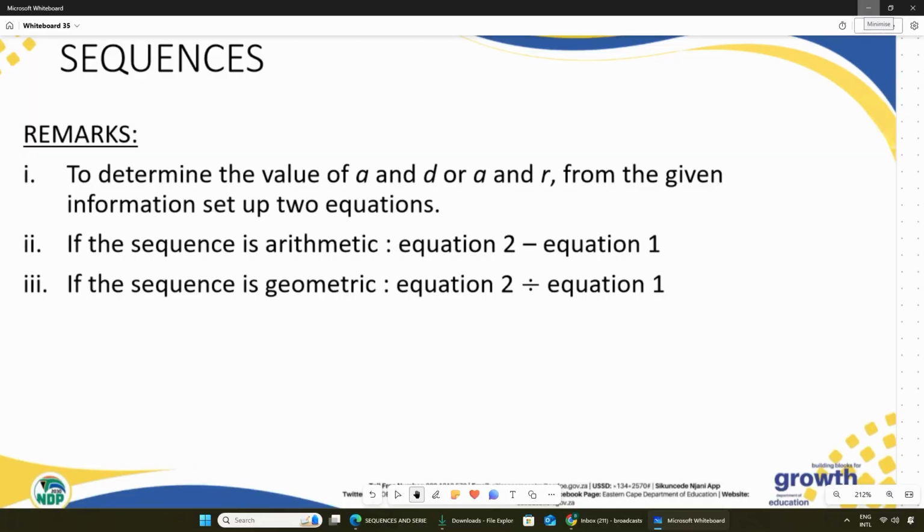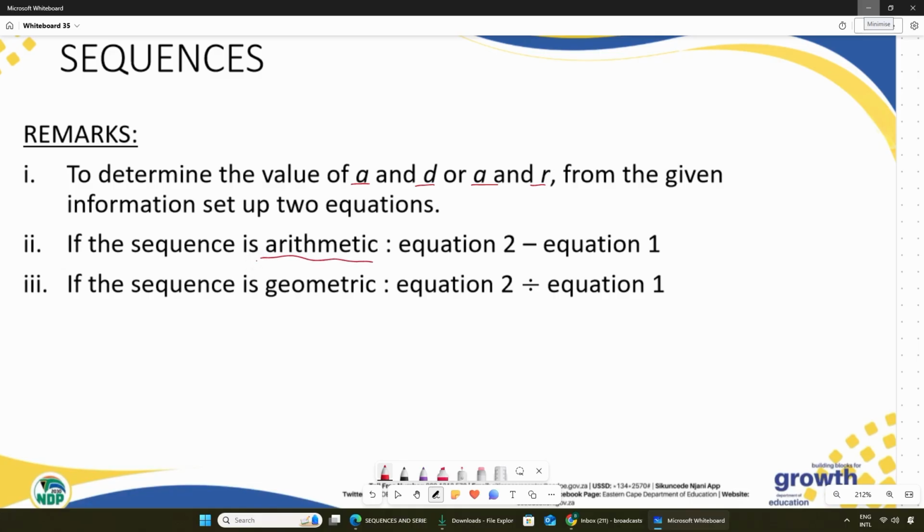Now remember what I said in the first session and also in this session. To determine the value of a and d, or a and r, from the given information, you need to set up equations so that you can create two equations for two unknowns.